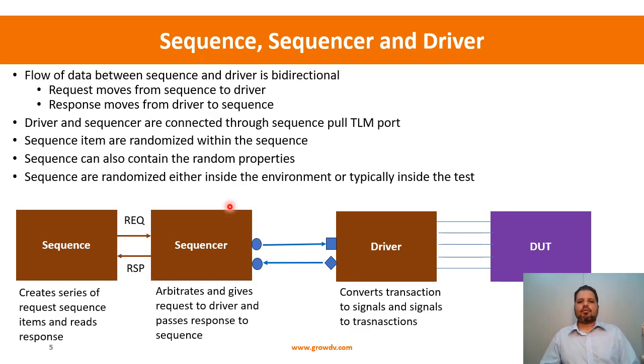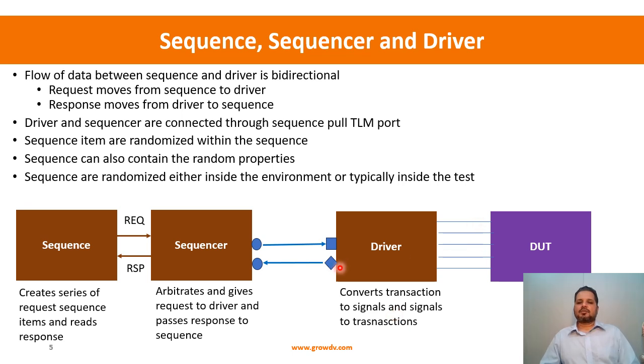So this is overall how a sequencer and driver would appear. We have a sequence which creates a series of request sequence items and reads the responses. It communicates the request to the sequencer, and the sequencer talks to the driver over the sequence item pull port, and the driver drives it out on the DUT, converting the transaction to signals.